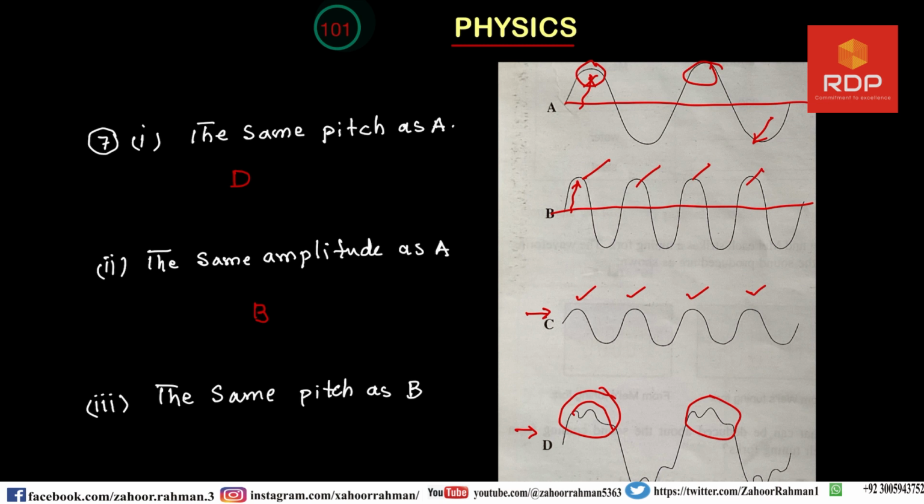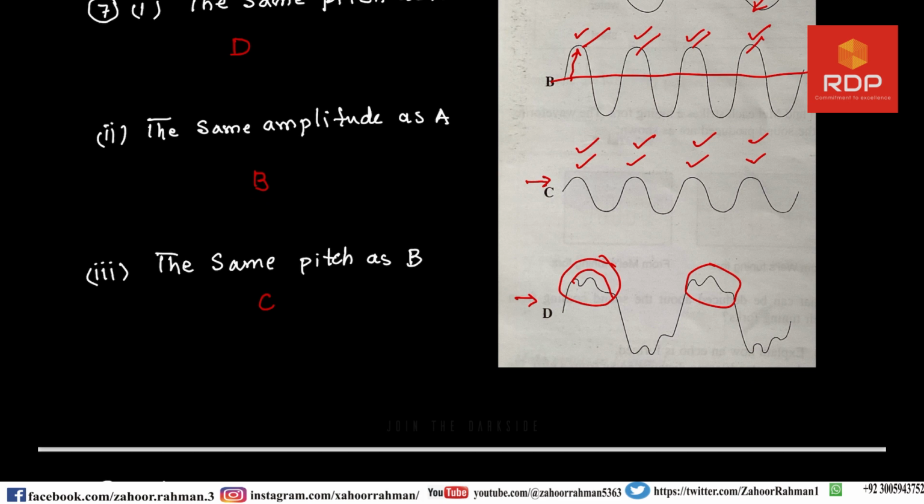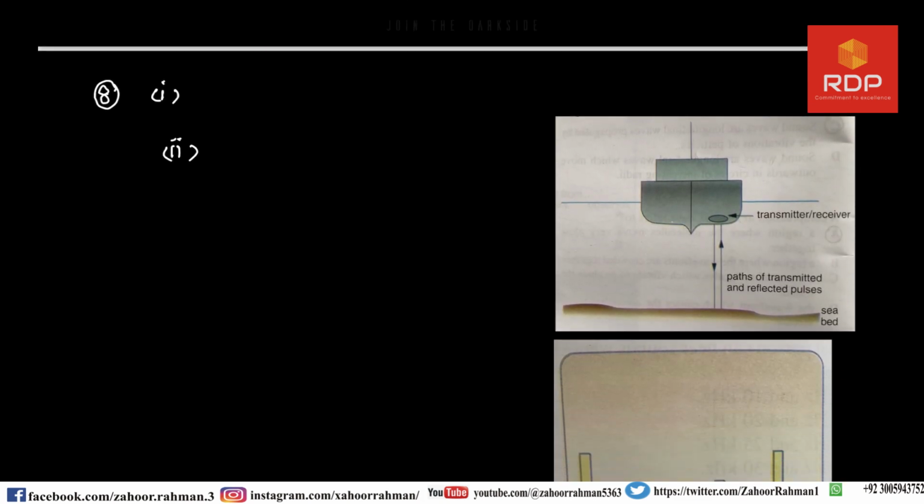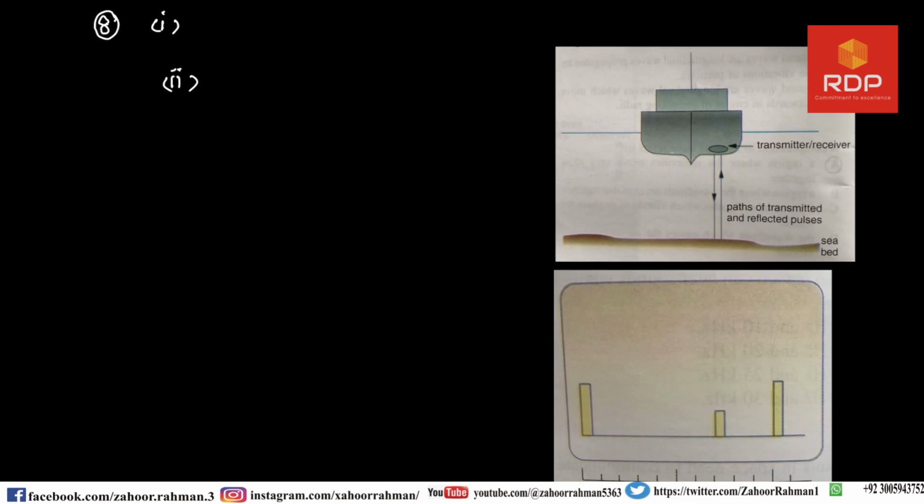So the frequency of this is 1, 2, 3, 4, and this is 1, 2, 3, 4. So in this case, it is the C figure which has the same pitch as the wave pattern of B.